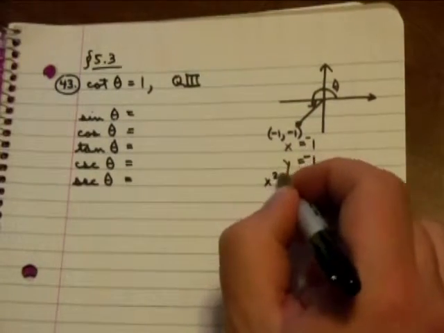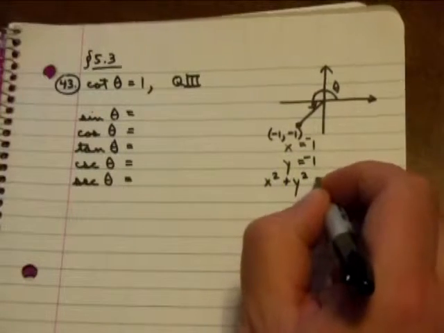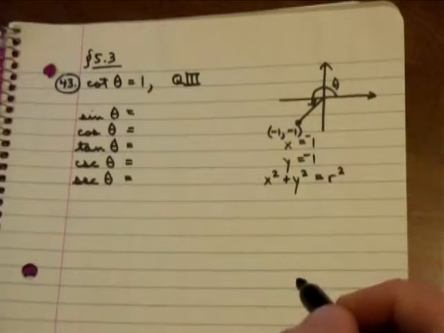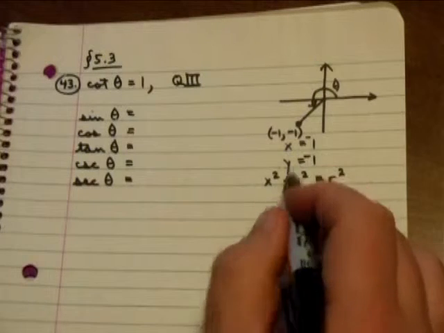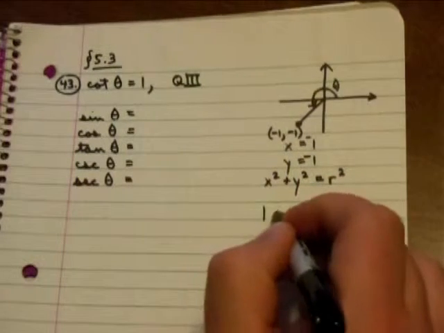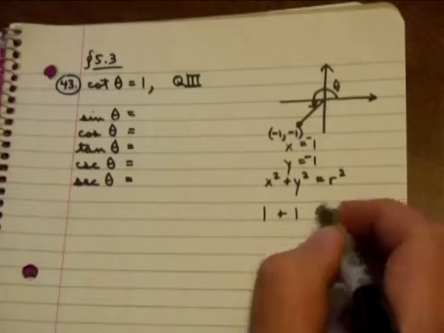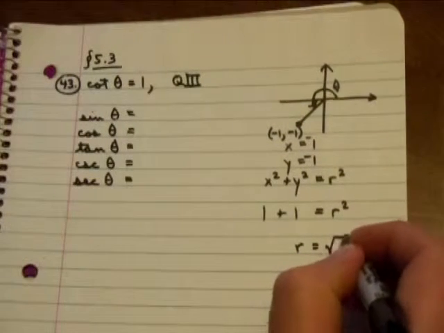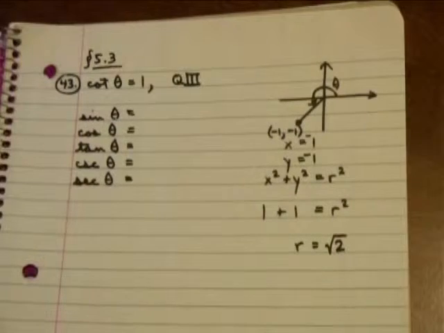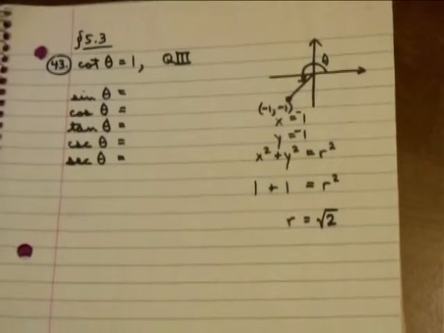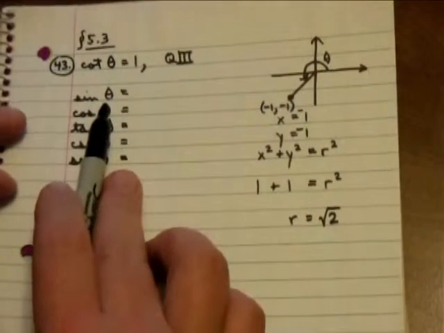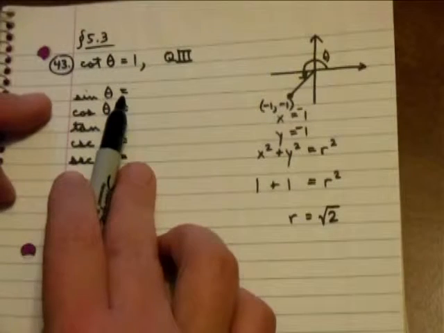Well then, you use that same formula from the earlier problem, x squared plus y squared equals r squared. If x is negative 1 and y is negative 1, each of those squared equals positive 1. So then solving for r gives us the square root of 2. So then, sine is the y-coordinate over r.